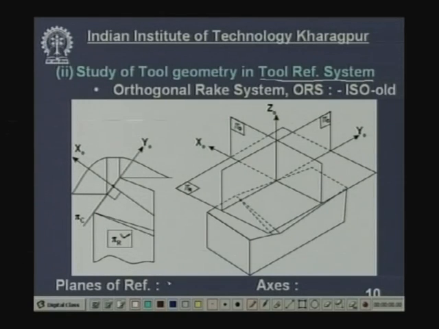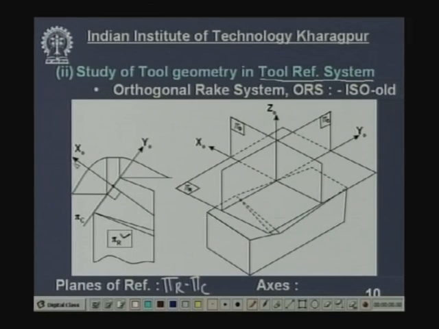So, here the reference is pi r, that remains called reference plane. Then this plane is denoted by pi c, cutting plane. What is cutting plane? Plane perpendicular to pi r and contains the main cutting edge. This is called cutting plane. Remember, all these three planes should be perpendicular to each other.